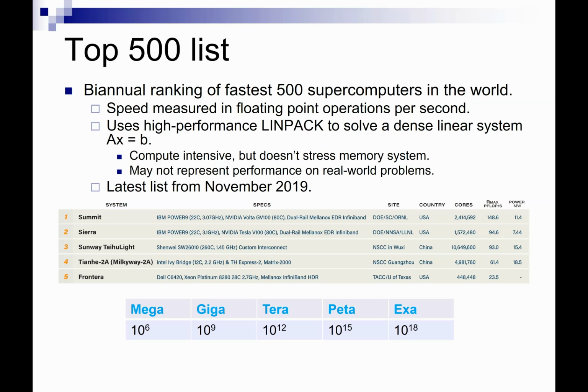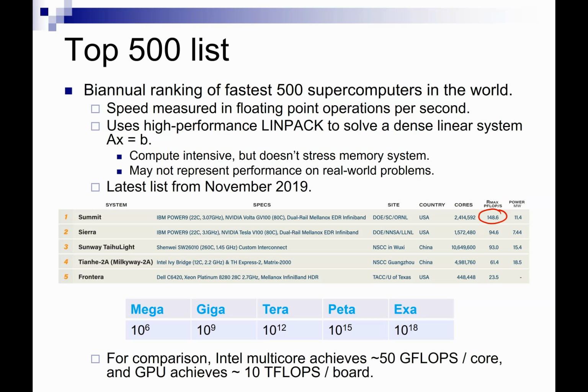And so you can see that currently the fastest computers, the Summit computer, is still far away from doing 1 exaflop. It's doing about 1/10 of an exaflop. So the next big challenge for supercomputing is to reach 1 exaflop of performance in a single supercomputer.